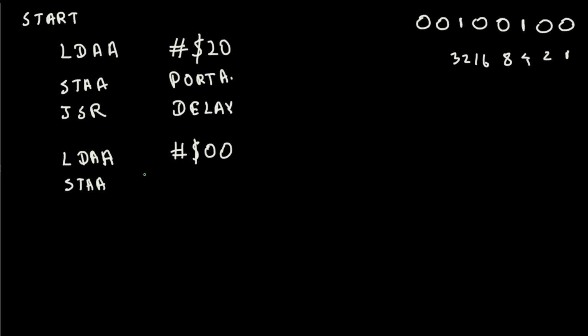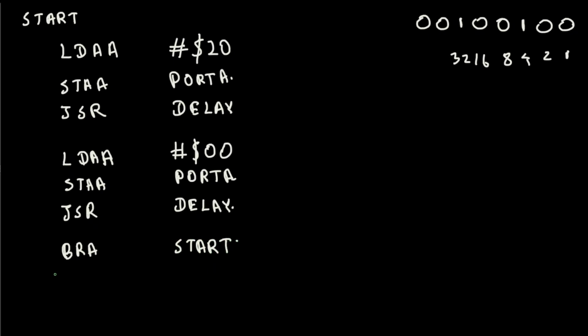STAA, here we put port A, store in the accumulator A, and JSR, jump to subroutine, and the subroutine is delay. And then we put a BRA statement, that's branch always, to start.